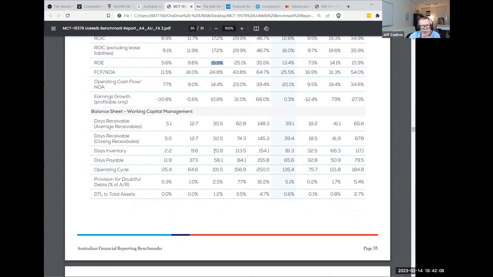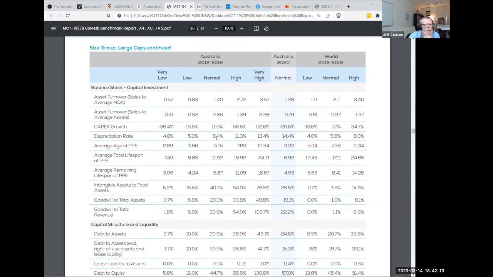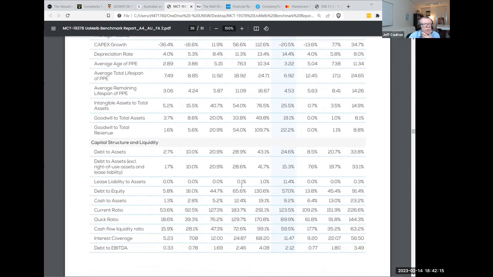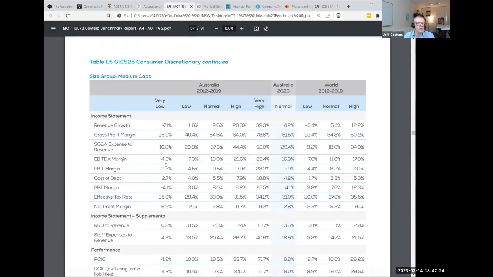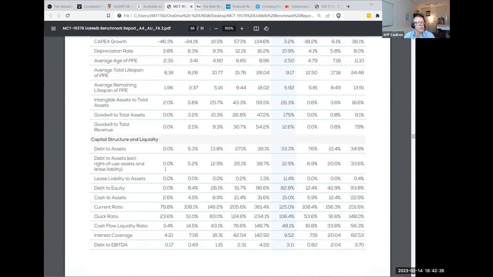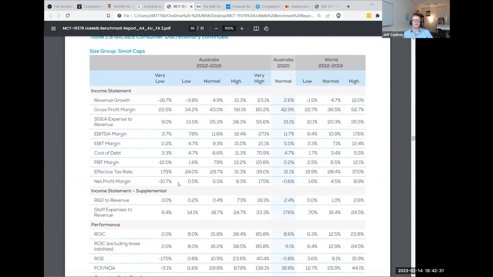We've got some working capital ratios, capital investment ratios, and typical leverage, so debt to equity, debt to assets, and so on. Then we've got the same set of ratios for medium-sized firms, and for small firms. For Australian firms in particular, this is a really useful resource. You can construct the same thing yourself through the data analysis database or FactSet.